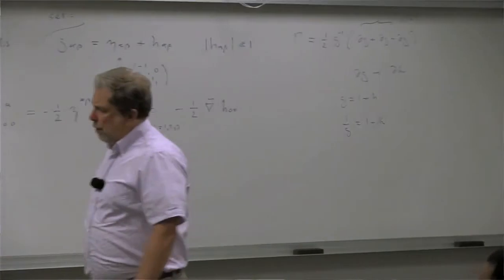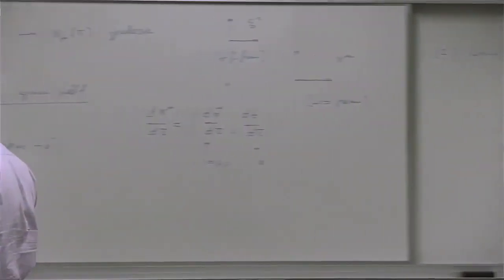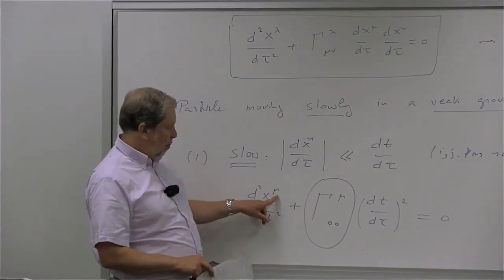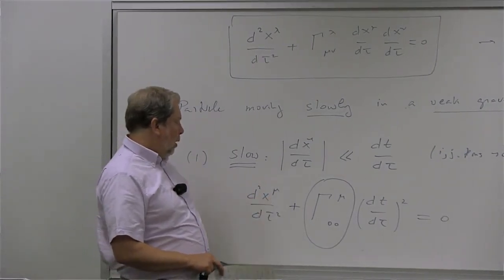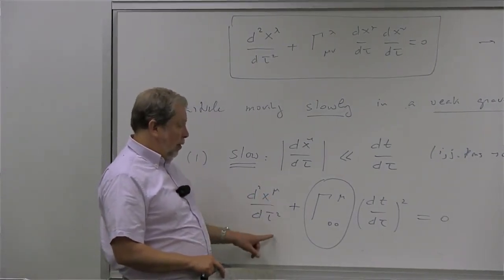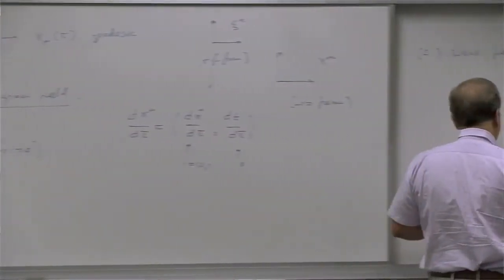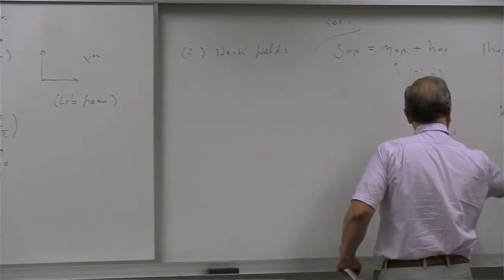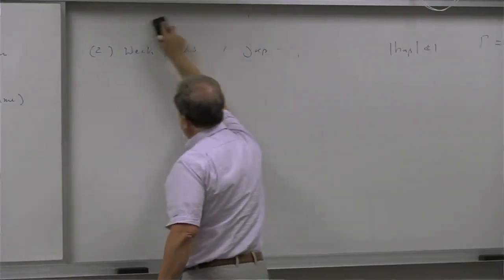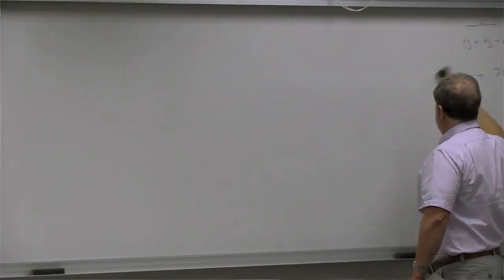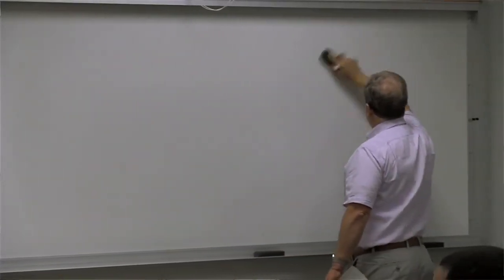Notice that for the equations of free fall, how many equations are there? Well, clearly there are 4 equations because mu runs from 0 to 3. And the 4th equation is not trivial because it involves a relationship between the proper time and the actual lab time. So we're left with 4 equations.